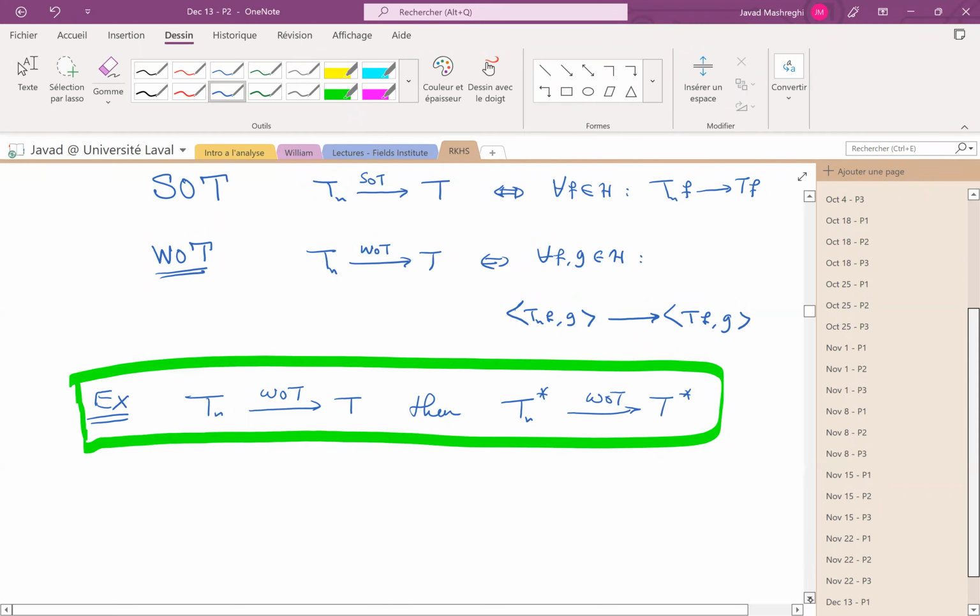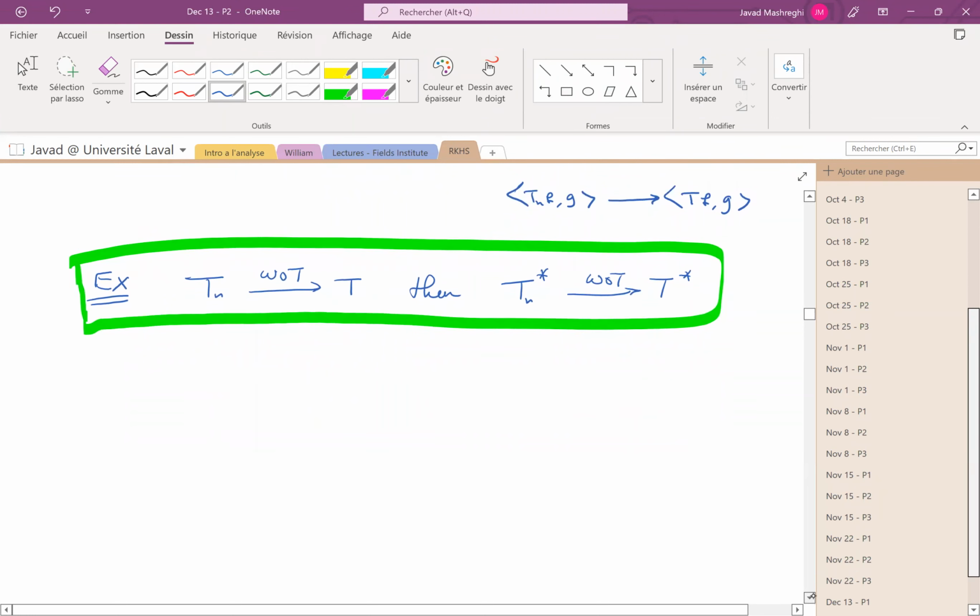So, mentioning the theorem, the last theorem of this section from the book: H is an RKHS on X, then Mult(H), the set of all operators.